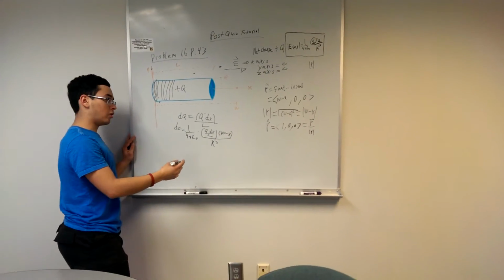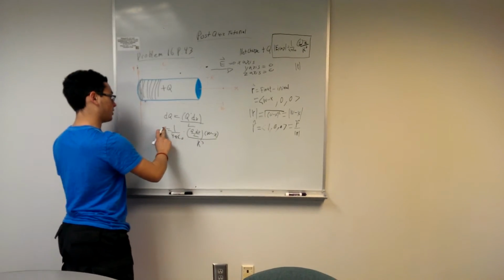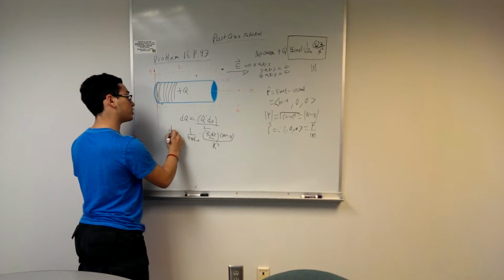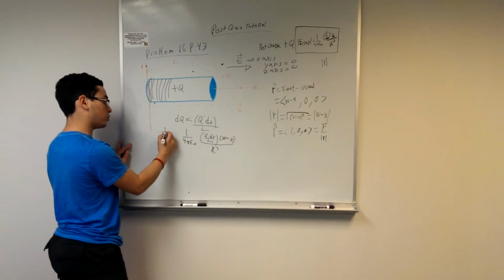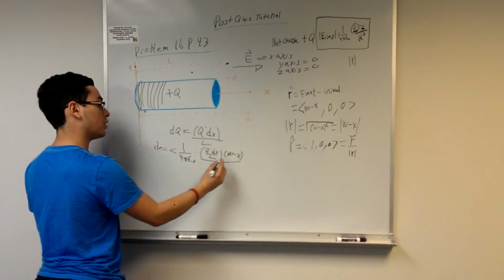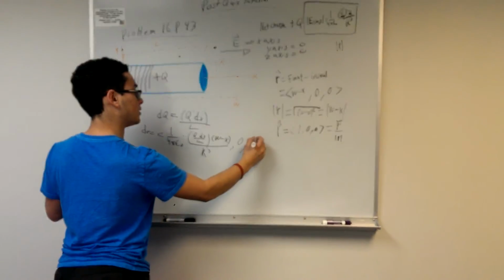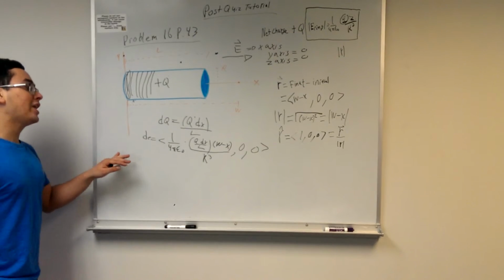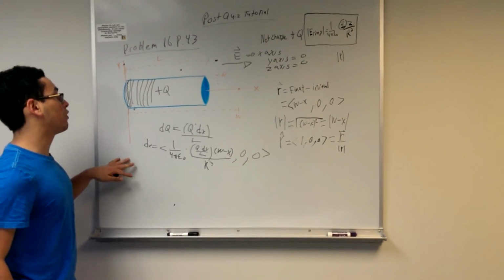And now we know that this is a vector, and since we know the direction of it is only in the x direction, it's going to be equal to this, and 0, and 0. So there we have the electric field of a small portion of our cylinder.